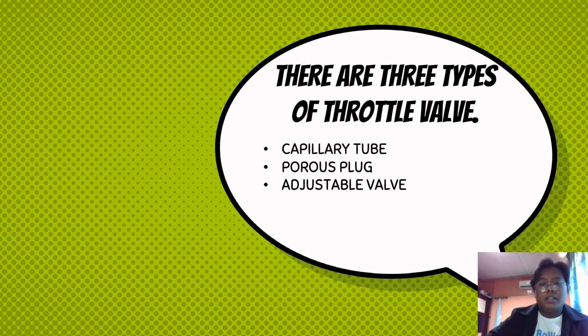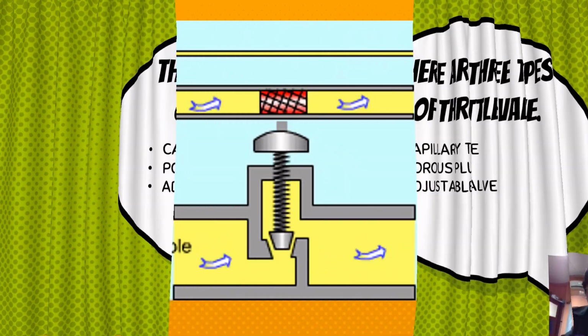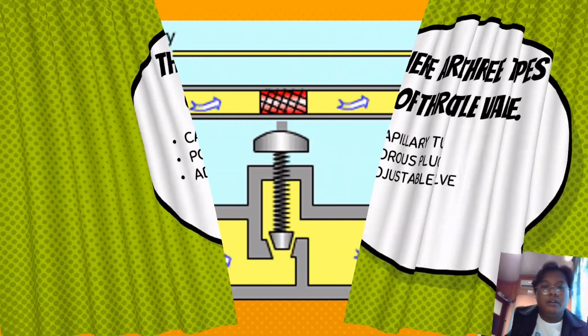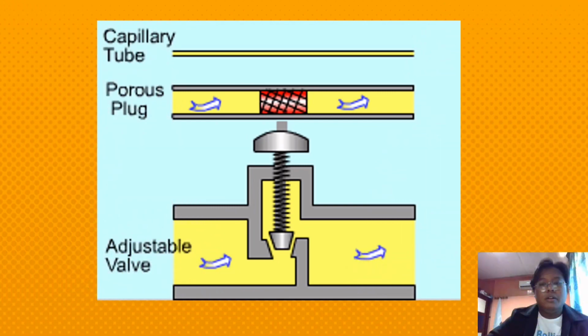As you can see, this is a picture of the types of throttle valve: the capillary tube, the porous plug, and the adjustable valve.